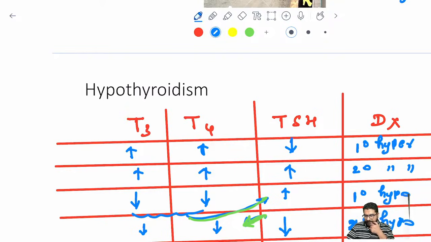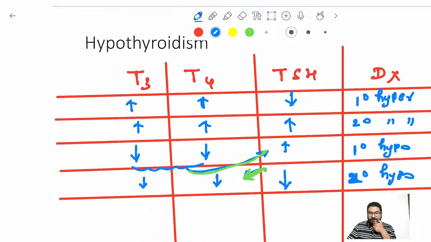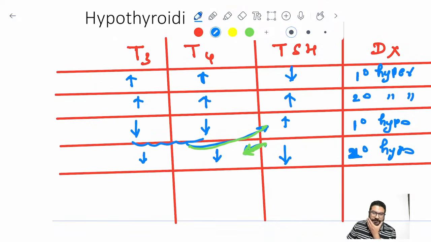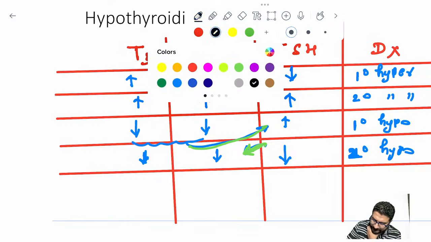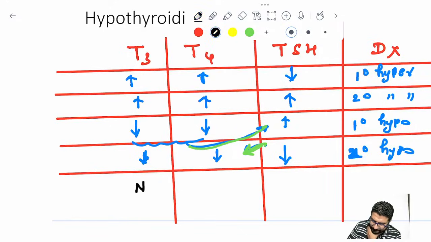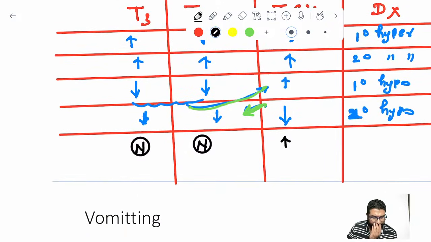Clear? Now this fifth one you have to tell me. You need to tell me what is the diagnosis here. What do you think about this?